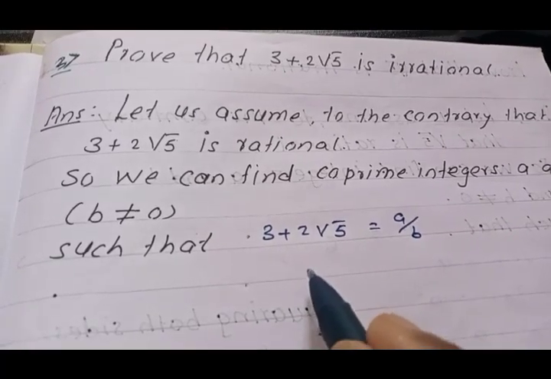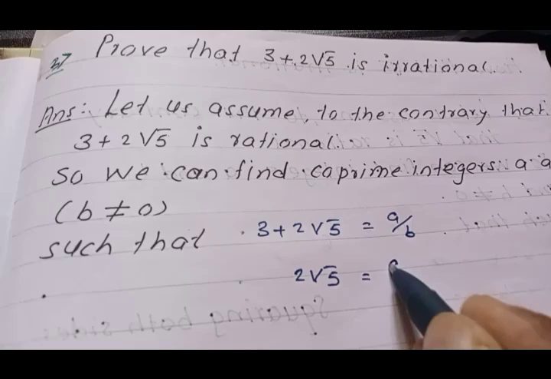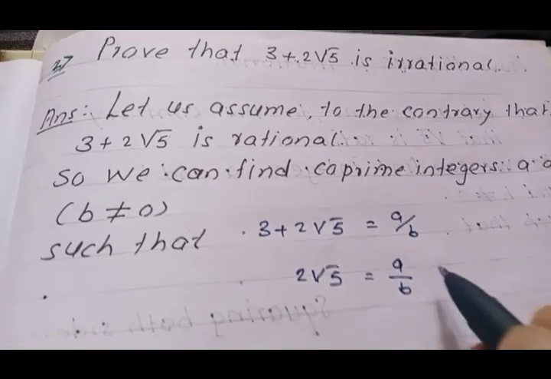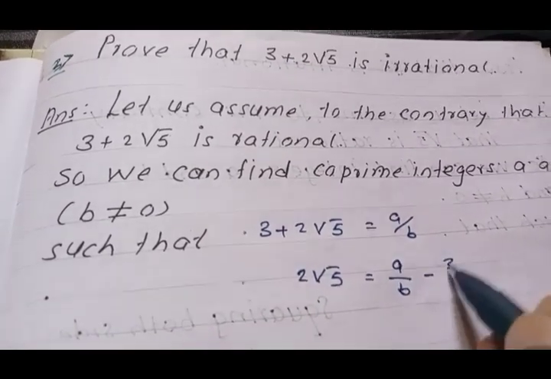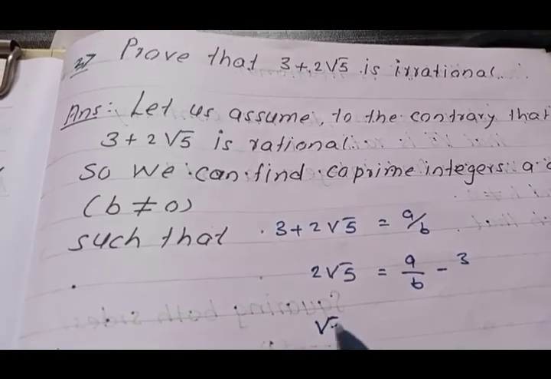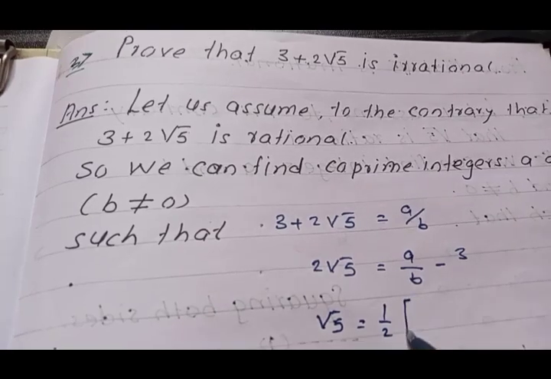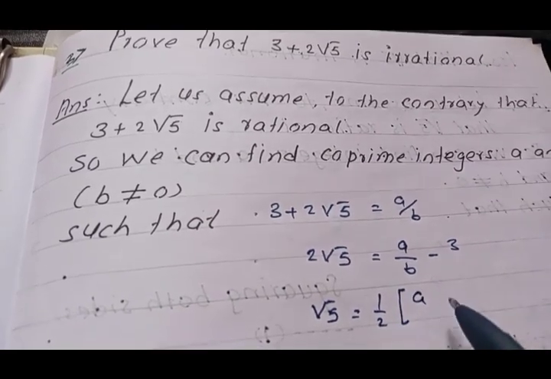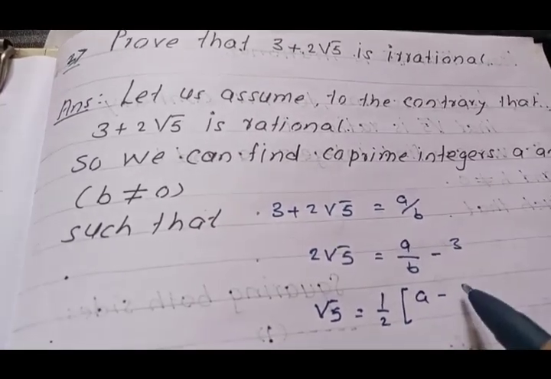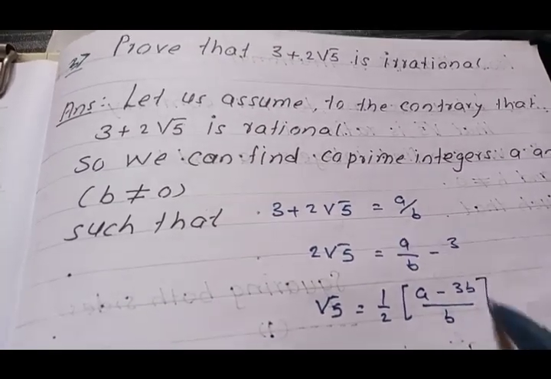Then 2√5 equal to a upon b minus 3. Then √5 equal to 1 upon 2 into (a minus 3b) upon b.